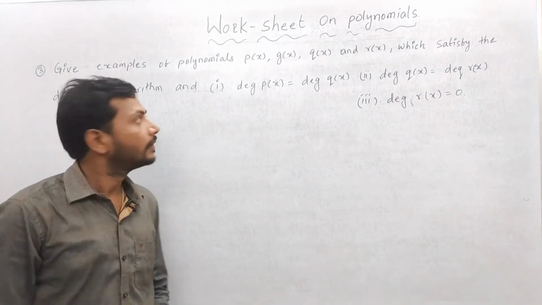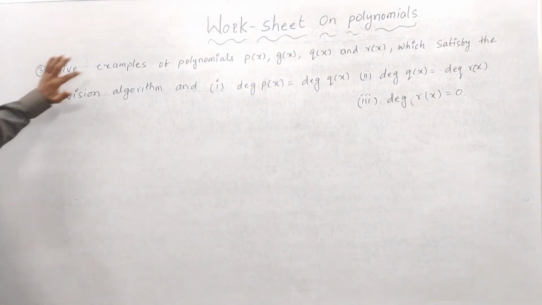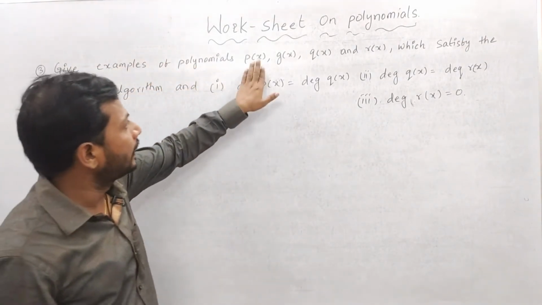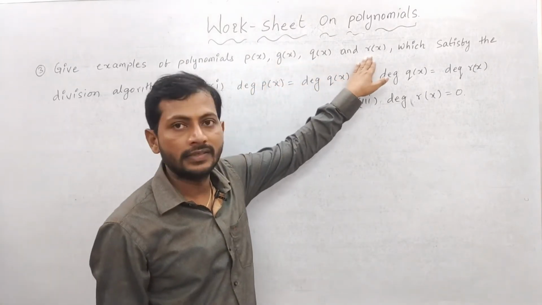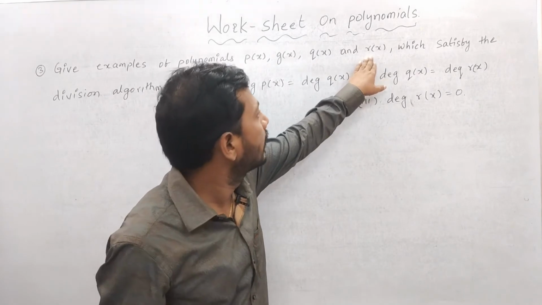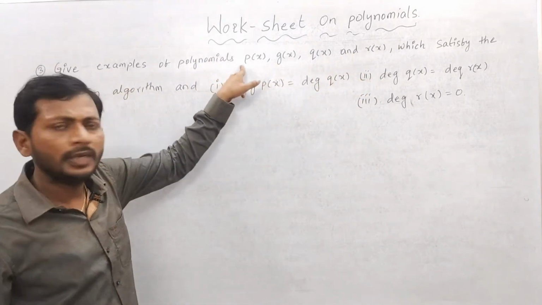Okay, next question. Give examples of polynomials p of x, g of x, q of x and r of x. I hope you can understand. What is meant by p of x?